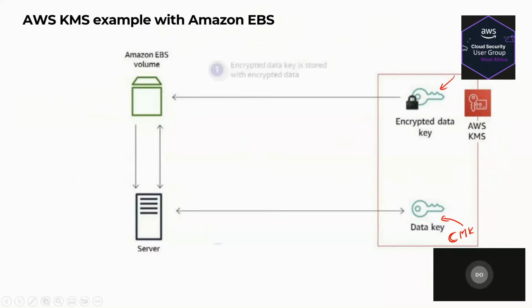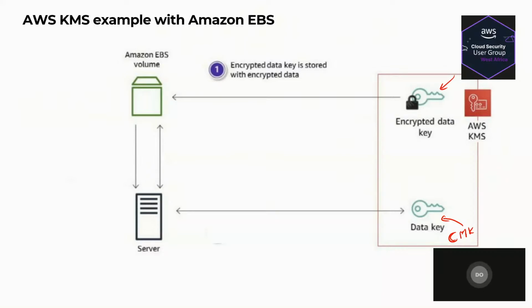So the first thing that happens is that EBS retrieves the encrypted data key in KMS, and then it's going to store that encrypted data key in the EBS service, right? So it retrieves the key that it's going to be using to do the encryption, and it's going to store that in EBS. You notice that in this particular case, the key doesn't leave KMS in plain text.